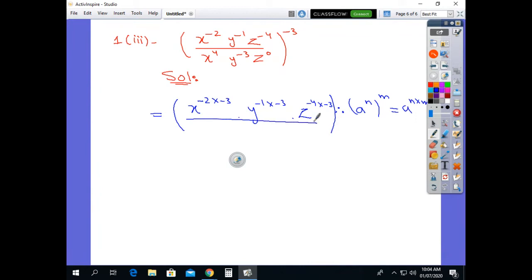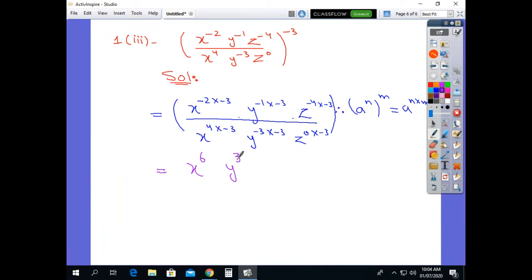divided by x raised to power 4 multiplied by negative 3, y raised to power negative 3 multiplied by negative 3, and z raised to power 0 multiplied by negative 3. After simplification, it becomes x raised to power 6, because negative and negative become positive, and 2 multiplied by 3 becomes 6.